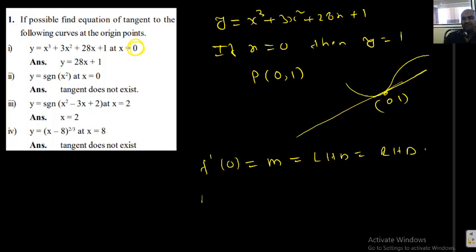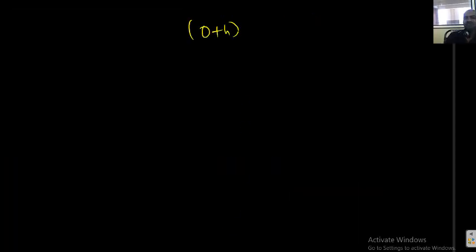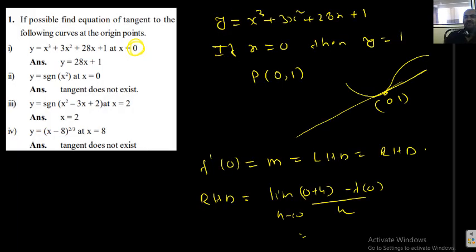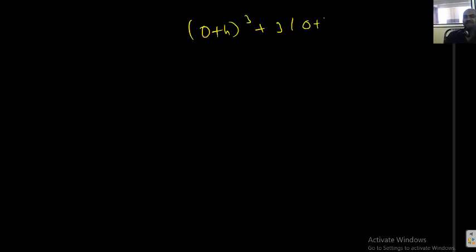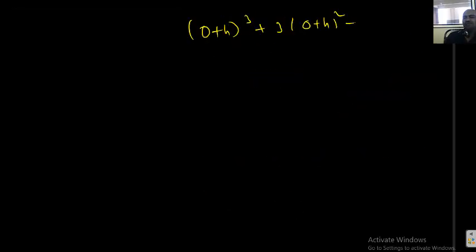So I will find RHD now. Limiting value of f of 0 plus h minus f of 0 by h, h tending to 0. You have 0 plus h, so I will write in the next page: (0 plus h) cube plus 3 times (0 plus h) square plus 28 times (0 plus h) plus 1 minus f of 0.